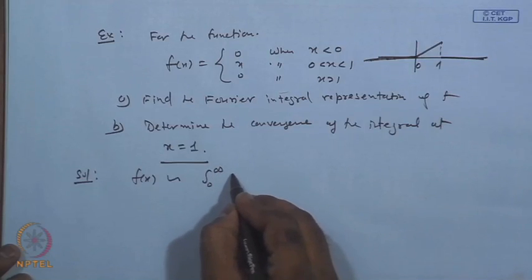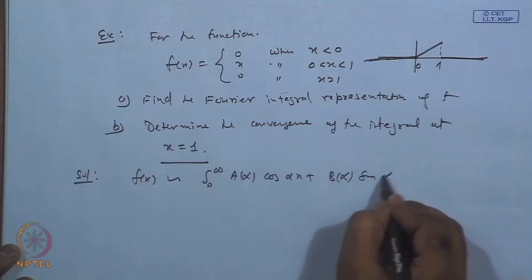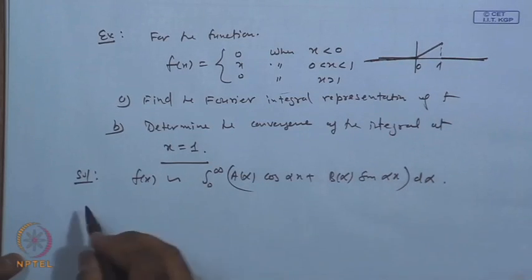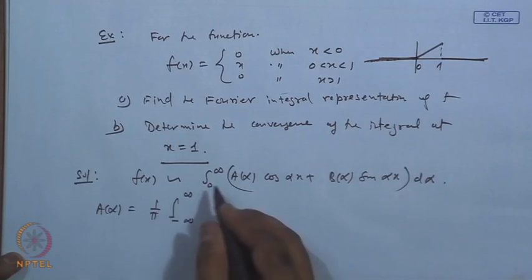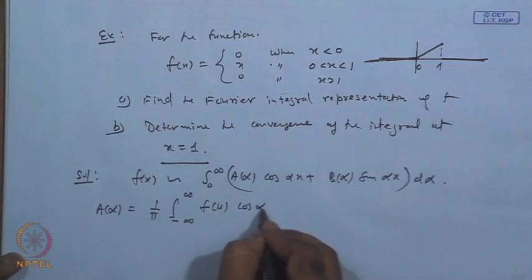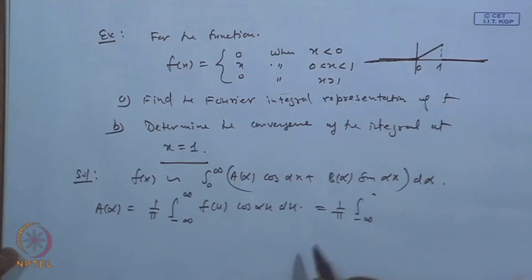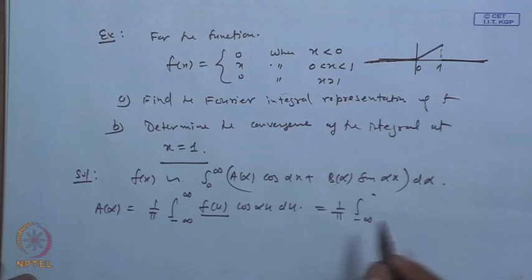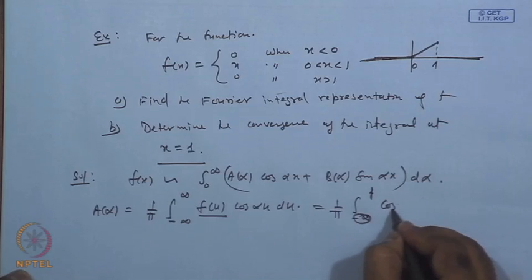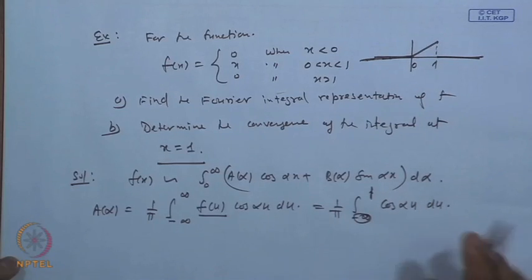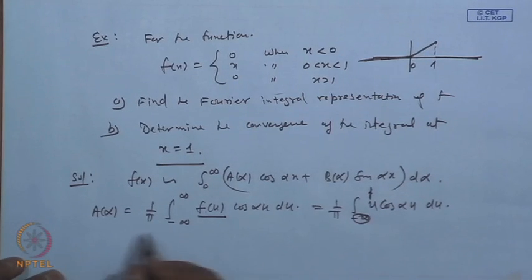We can represent f(x) by the Fourier integral of A(α) cos αx plus B(α) sin αx with dα, and we calculate A(α), that is 1 over π, integral from minus infinity to plus infinity of f(u) cos αu du. Since the function is 0 on the negative axis and for x greater than 1, this is 1 over π, integral from 0 to 1 of u cos αu du, and this we can integrate by parts.